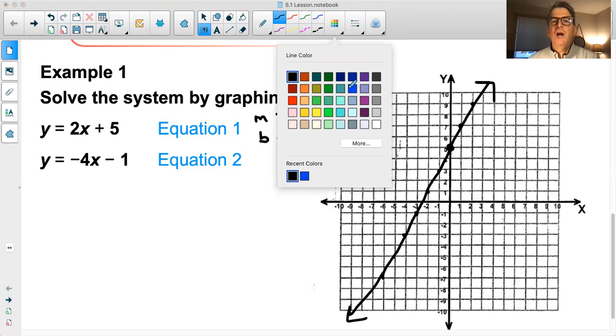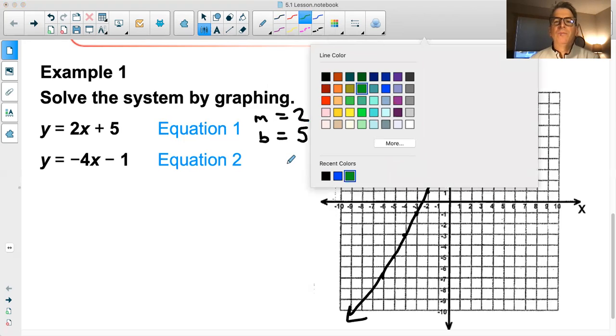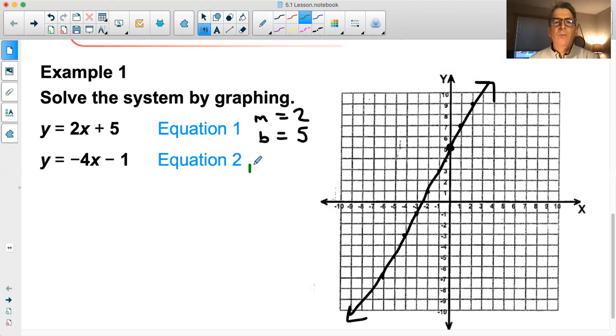Now I'm going to switch colors for the second equation, equation 2. Equation 2 has a slope of -4 and a y-intercept of -1. So the y-intercept is here at -1, and we apply the slope, -4 over 1.